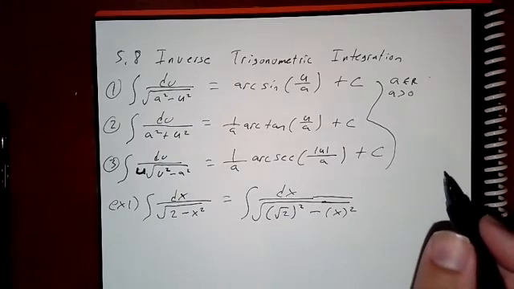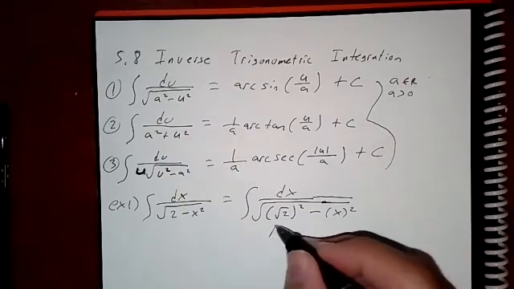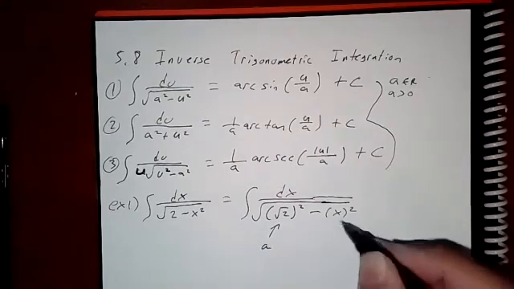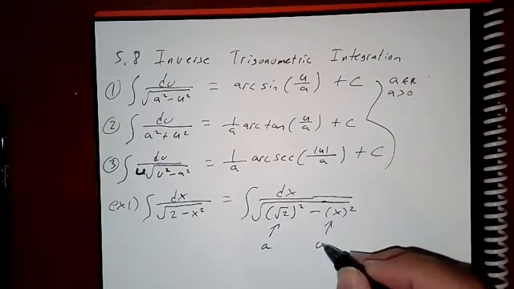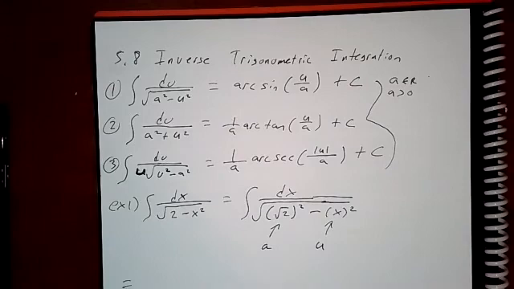So this right here is my A, and this is my U. So my answer would be arc sine of x over root 2 plus c.